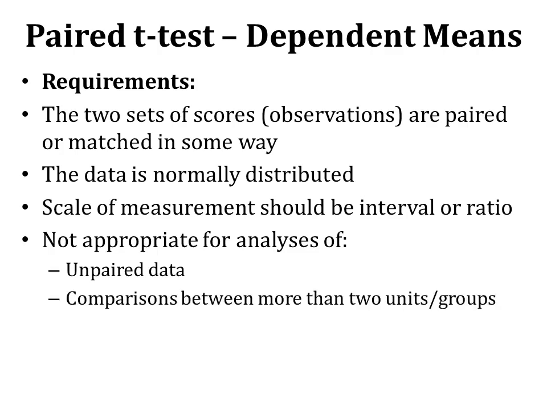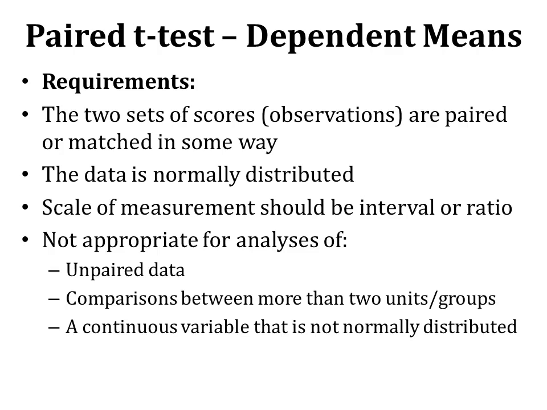And it is not appropriate for comparisons between more than two units or groups. So it can be applied only on two groups. The same is true for the independent samples t-test, which can also be performed only on two groups.